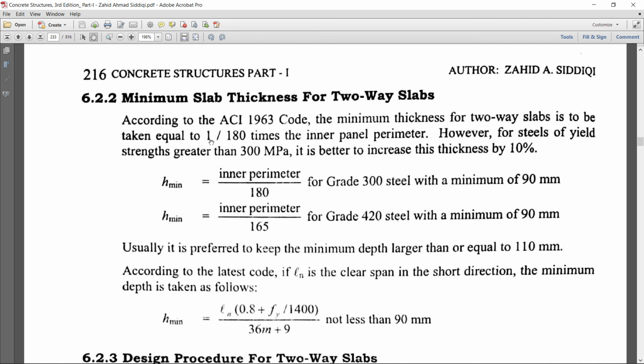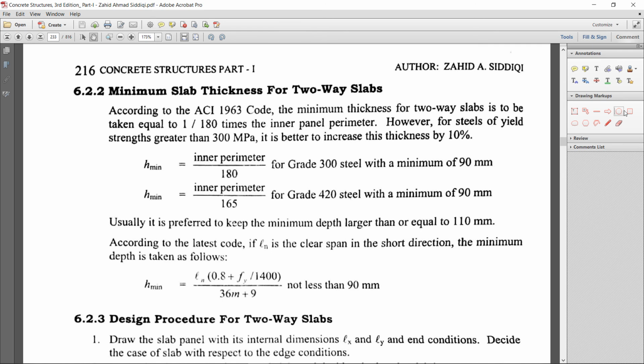Now, what will be the minimum thickness for a two-way slab? According to ACI 96, the minimum thickness of a two-way slab is equal to 1/180 times the inner panel perimeter. What is the perimeter? Here, that is a two-way slab.